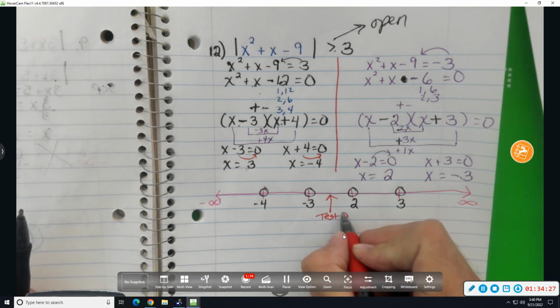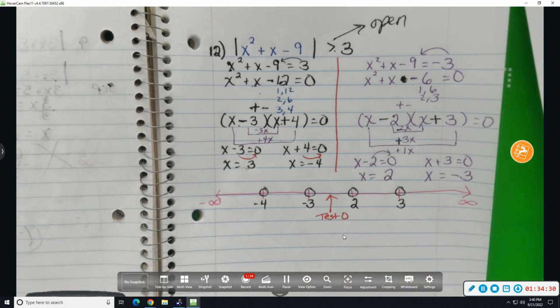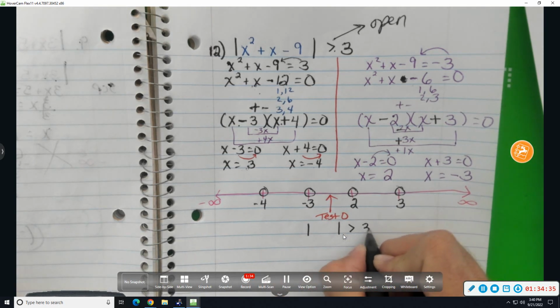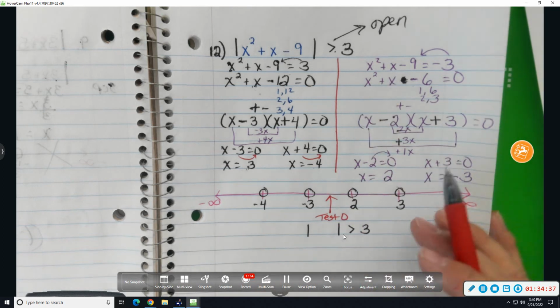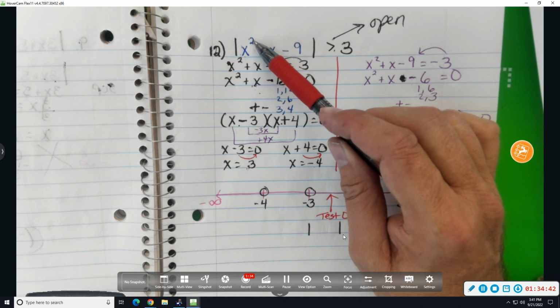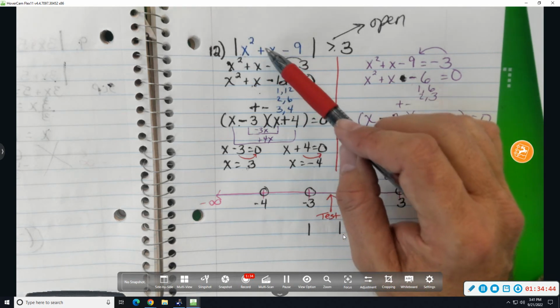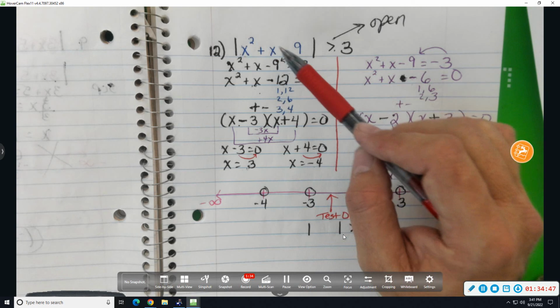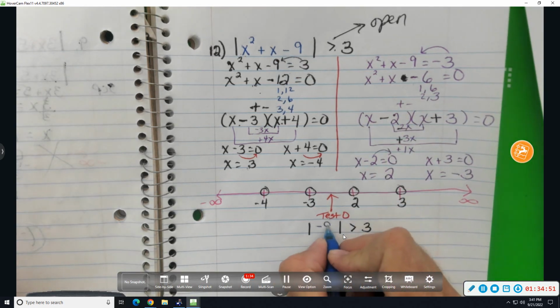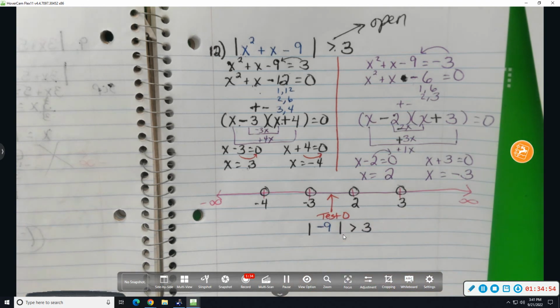So we're testing 0. Now this is going to be tricky. Watch out. If I put a 0 in for these blue x's, 0 squared is 0. So we have 0 plus 0, that's 0, minus 9. 0 minus 9 is a negative 9. But wait, don't decide true or false yet. Actually take the absolute value of negative 9.